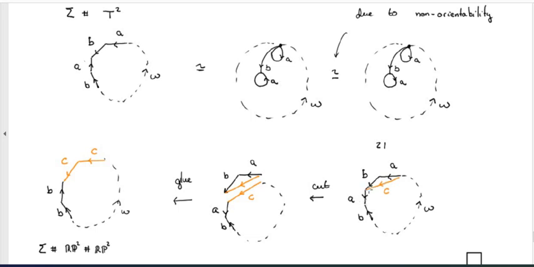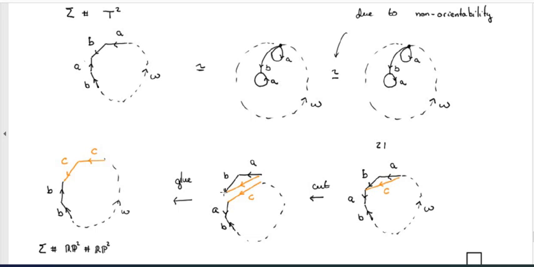And now what you may do is pick a new edge. You connect by a line from the beginning of one A to the beginning of the next A, and you cut there, and now you glue. And what do you see? So basically you do W first, then you do C, then you glue along A, and when you glue A, that means that you have to do C again.